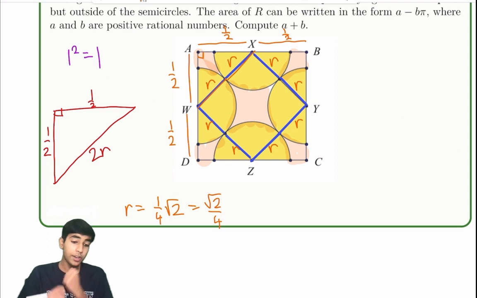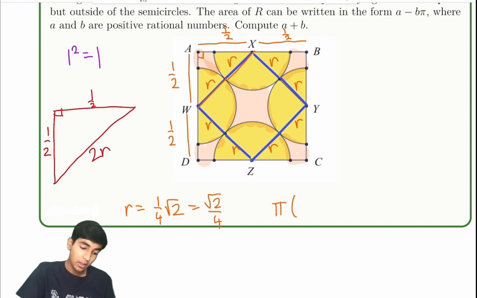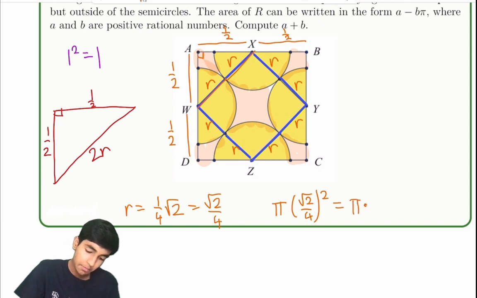So then, what is the area of one semicircle? The area of a circle with radius r is pi r squared, which is pi times 2 over 16, which is 1/8 pi.